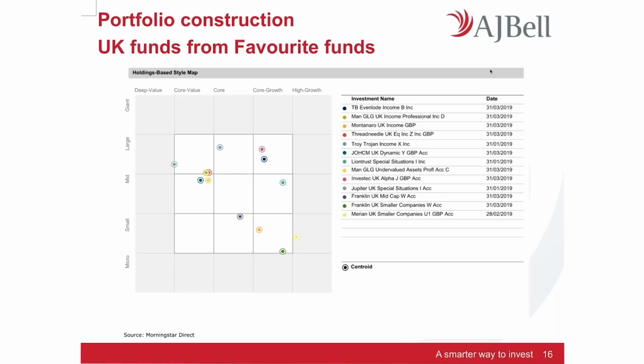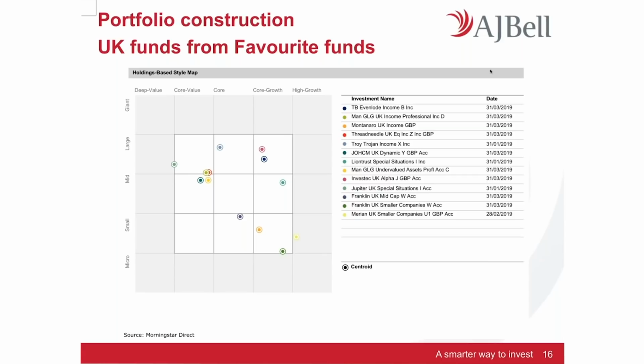What we can see here is I've plotted every active UK fund from our favourite funds list. And we can see we've got a breadth and depth of different types of funds that offer different styles and different market cap exposures. Now, it's tempting to like two funds that sit in the same box, but actually we'd be quite advocates of looking for funds that do very different things and trying to buy into different types of styles.